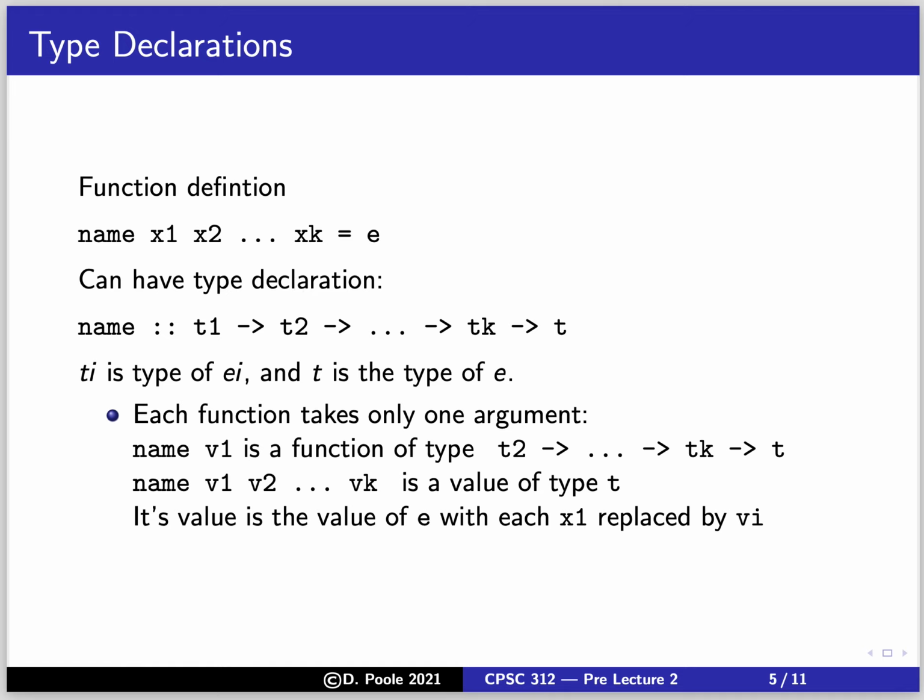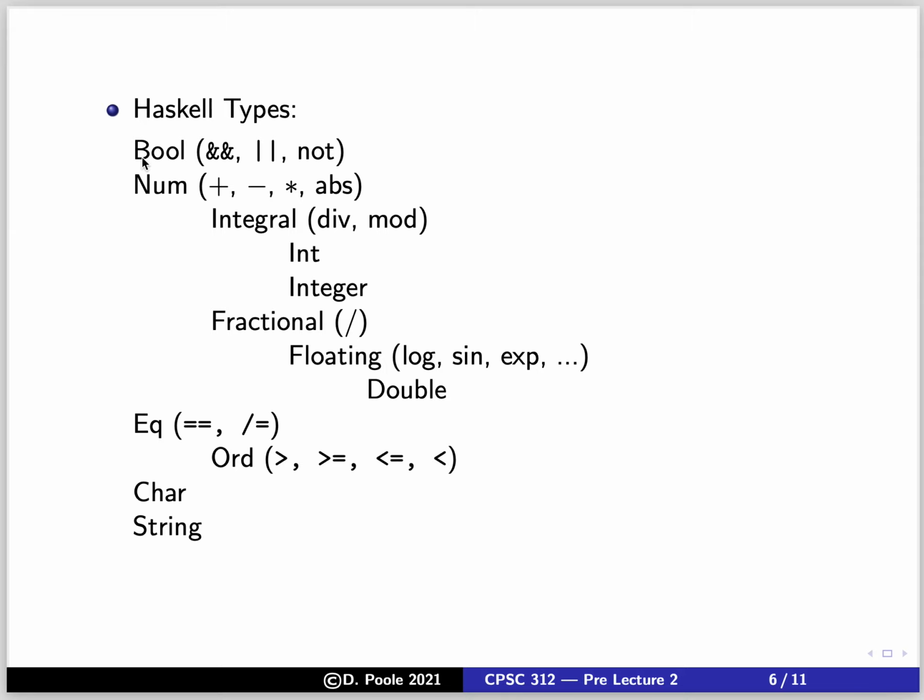Okay, so let's have a look at some particular types. So here are the types that we're going to look at. We're going to look at booleans, we're going to look at numbers, we're going to look at equality, characters, and strings. Okay, so we're actually going to look at characters and strings next time. But these are the basic types.